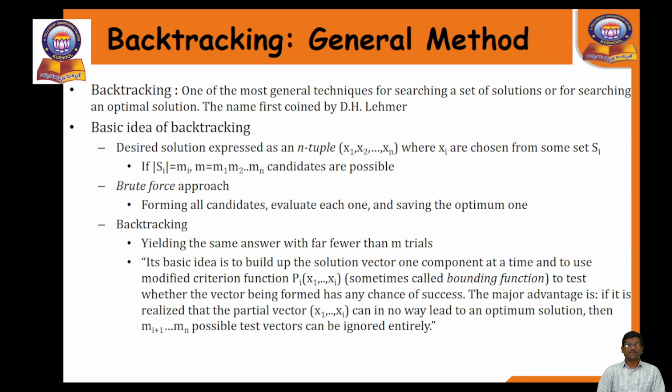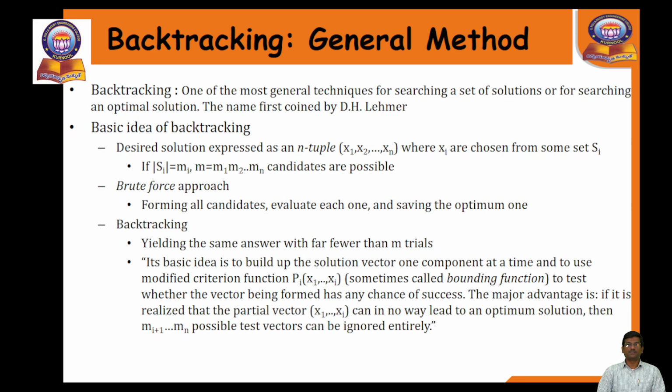Its basic idea is to build up the solution vector one component at a time and to use a modified criterion function, that is Pi(x1, x2, ..., xi), which is sometimes called the bounding function, to test whether the vector being formed has any chance of success.